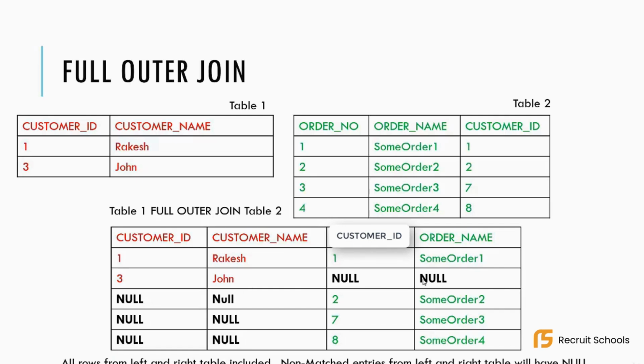Non-matched entries from left and right table will have null. So if we were to look at this a little bit visually, this is how it will look like. You'll have everything from table 1 plus common rows plus everything from table 2. Again, we will look at some examples which will make it more and more clear. But the bottom line is it's just a combination of left outer join and right outer join.